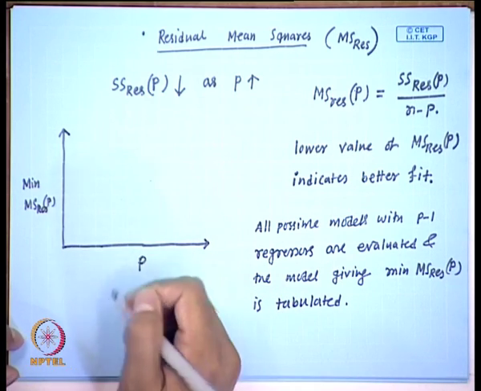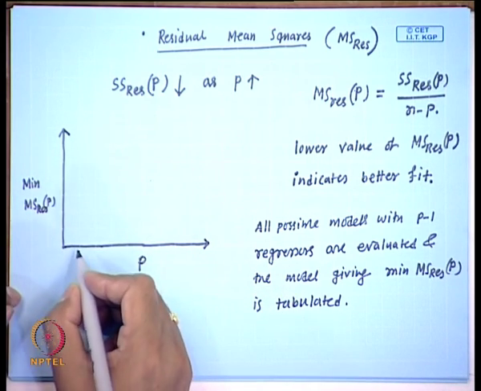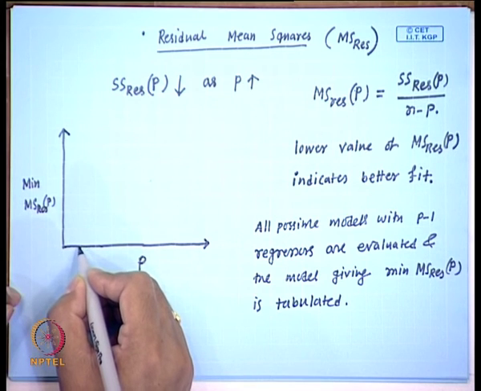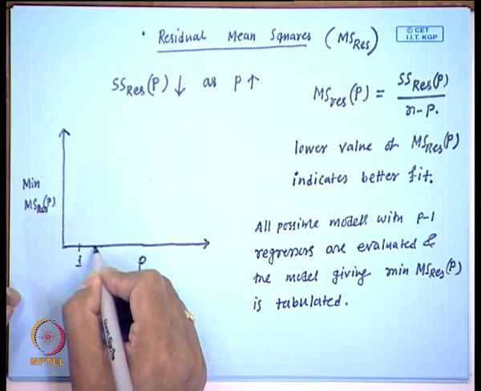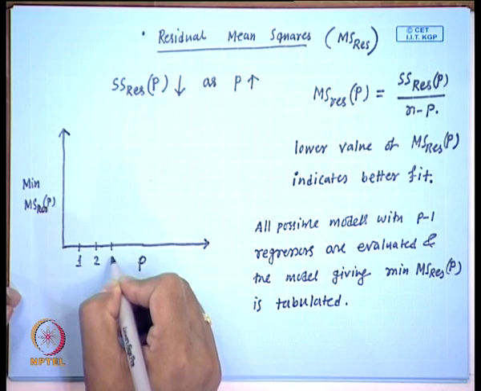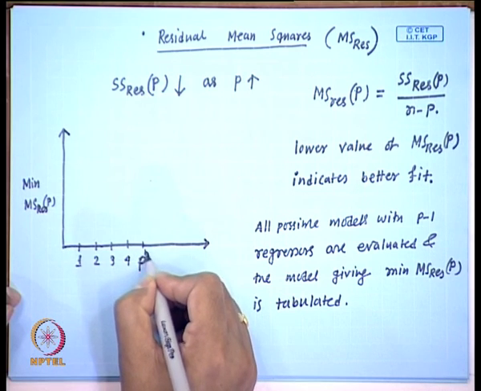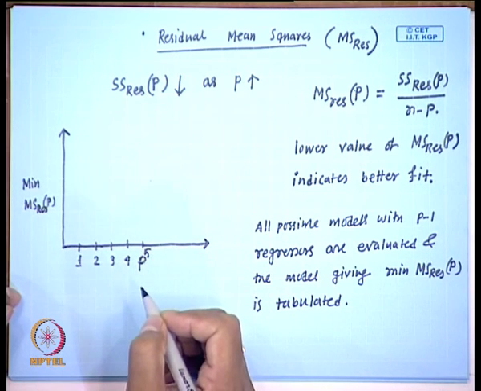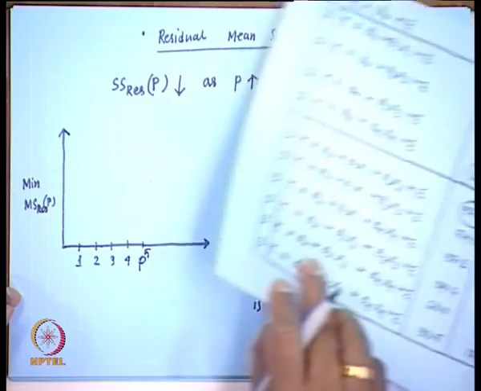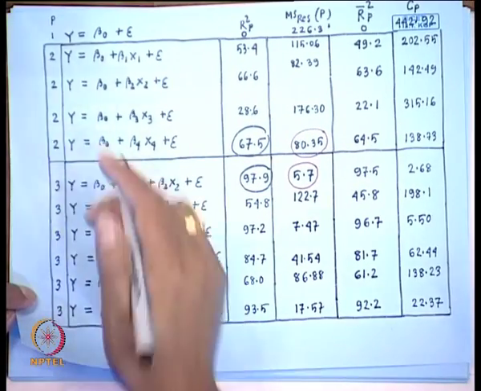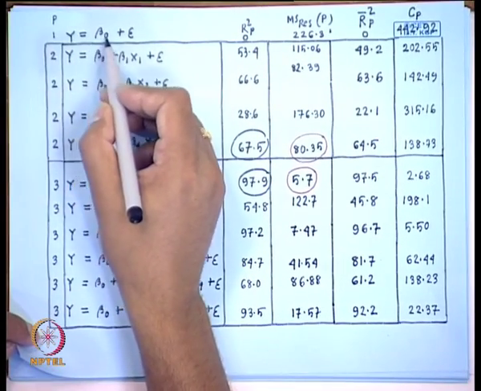So, for p equal to 1, p equal to 2, 3, 4, 5. Well, p equal to 1 means this model, no regressor.